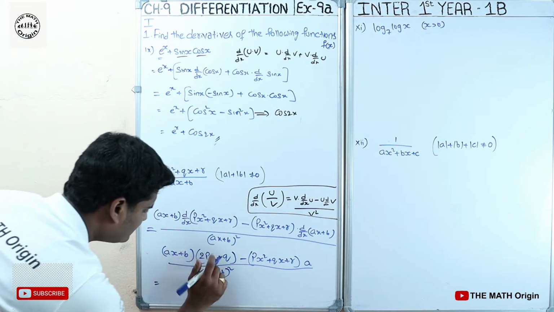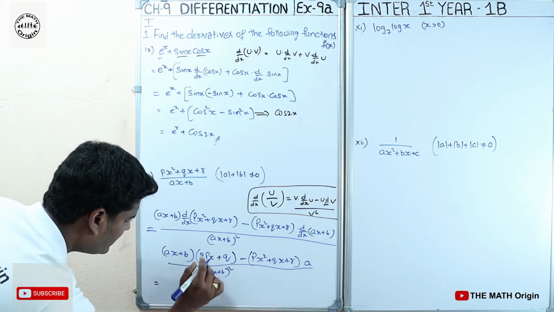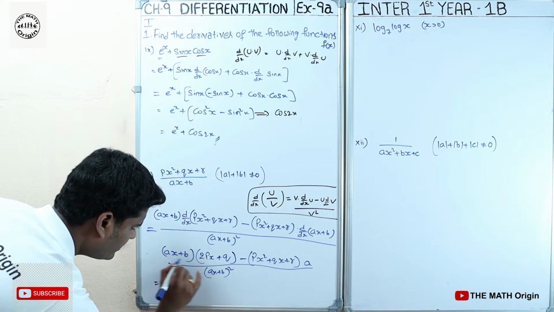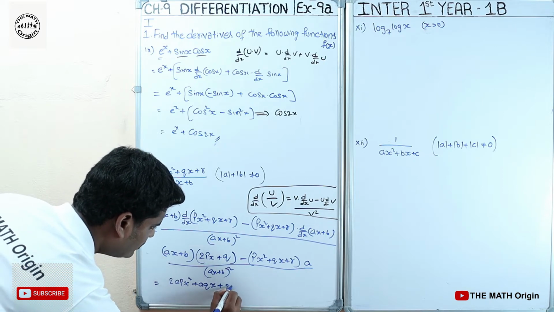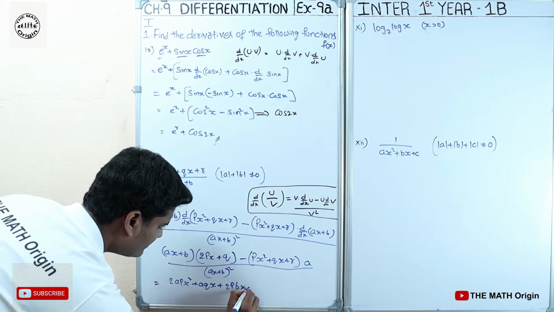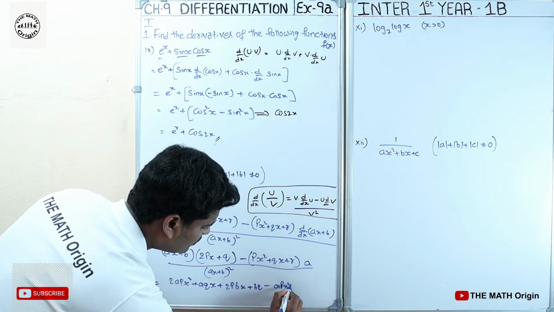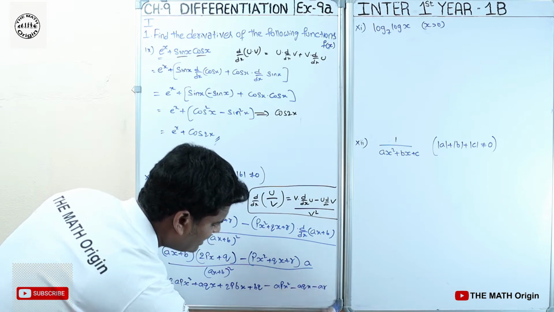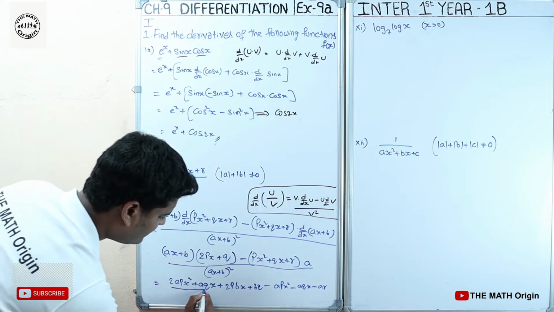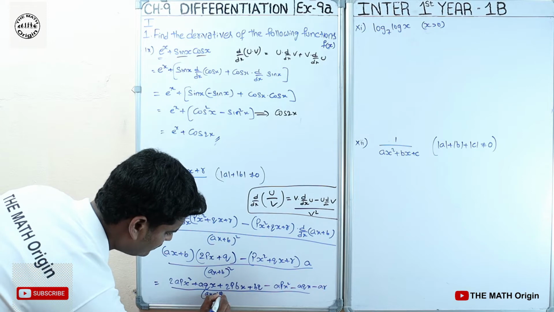If you take this equation, it will be 2apx square plus aqx plus 2pbx plus bq minus apx square minus aqx minus ar, whole divided by ax plus b whole square.